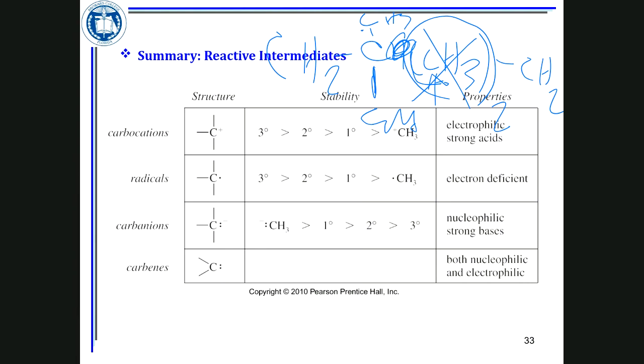6 chloro, 4 isopropyl, octanol. Is that right? Chloro, 4 isopropyl, octanol.